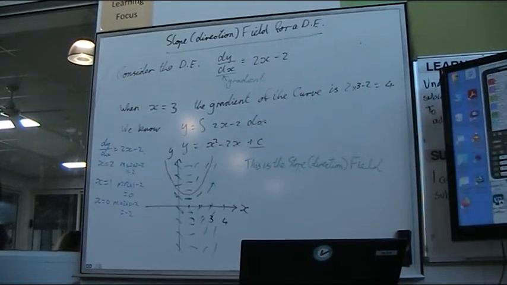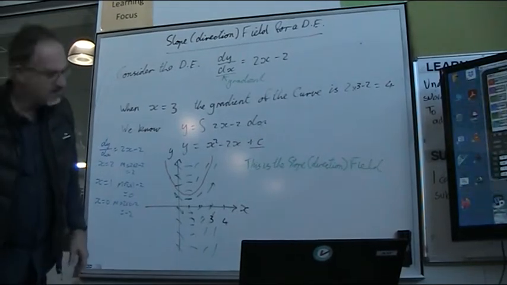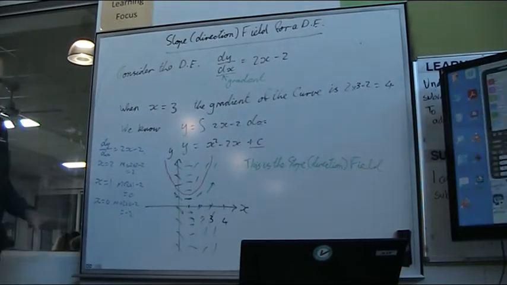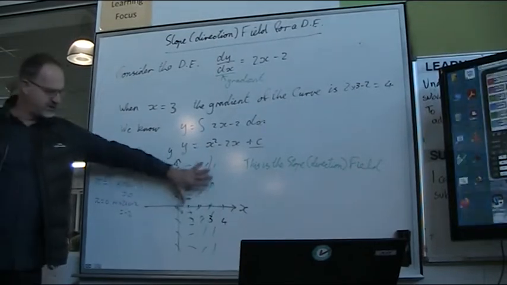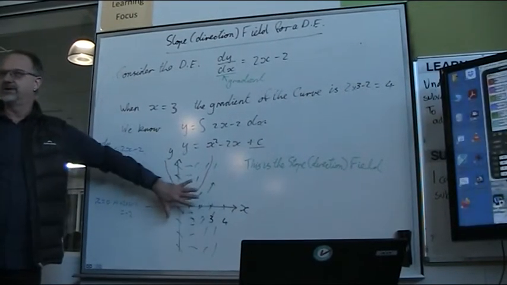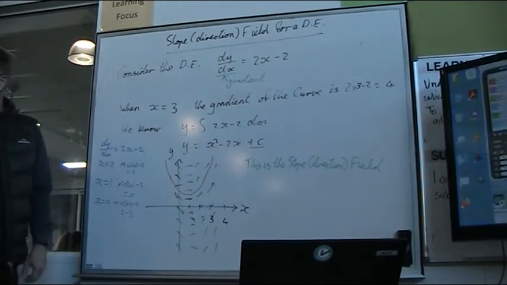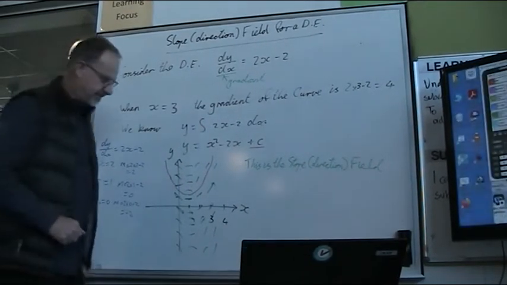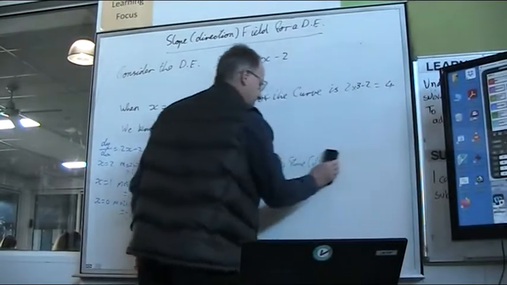All right, so it's not uncommon to get a multiple choice question where you're given a direction field and then asked to make a selection about something to do with it.